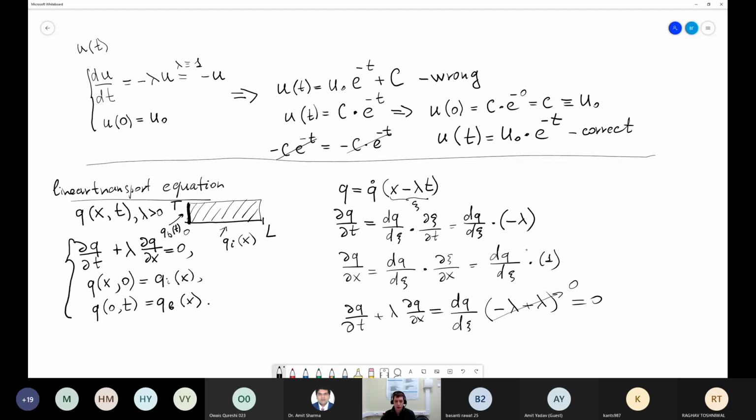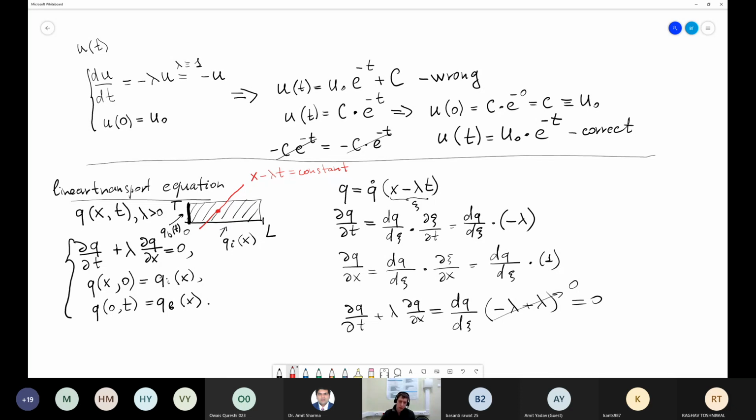Let's draw this line. If we start from this point, you can go down left and up right. And this is a characteristic curve: x minus lambda t is equal to some constant. Over this line, the solution is constant.